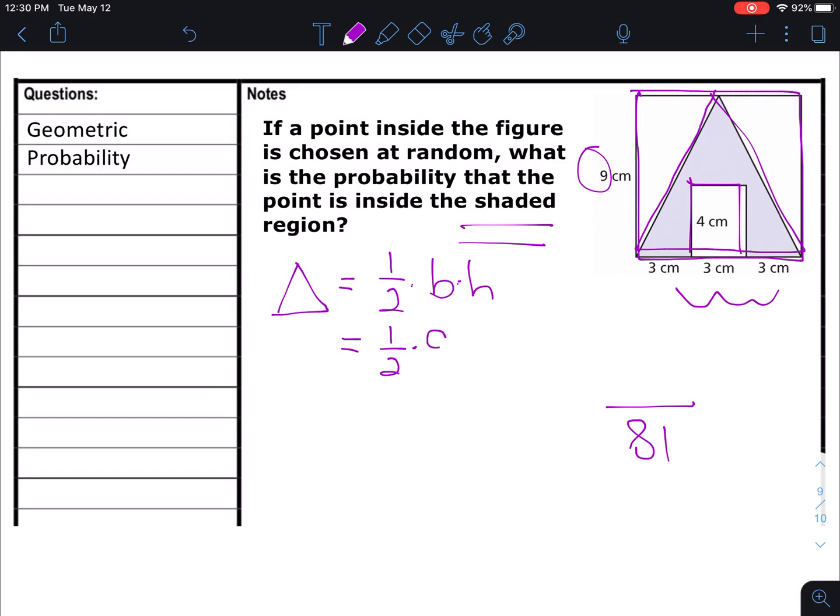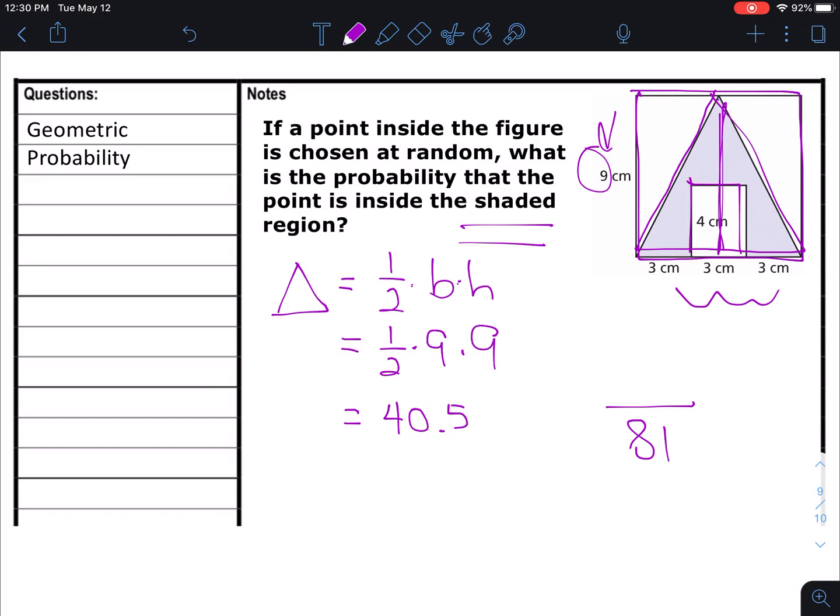There is 9. And then the height would be this distance right here. And notice that's the same as this. So that's also 9. So that's 1/2 of 81. So you should get 40.5. So that's just for the triangle.